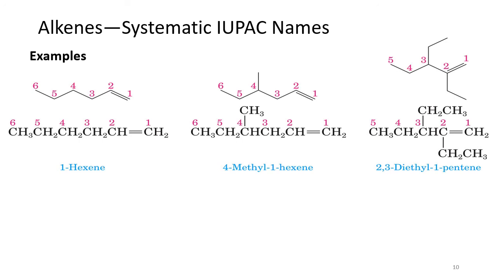Let's look at these, and they're numbered in the way that we should. 1-hexene, the double bond's at the end. 4-methyl-1-hexene. And here's where we see the first difference between just finding the longest chain and finding the longest chain that contains both atoms of the carbon-carbon double bond.